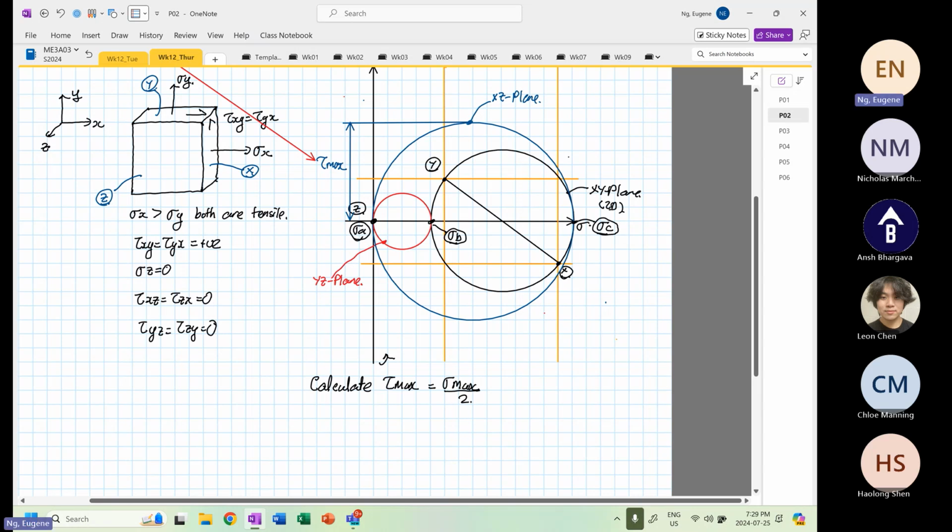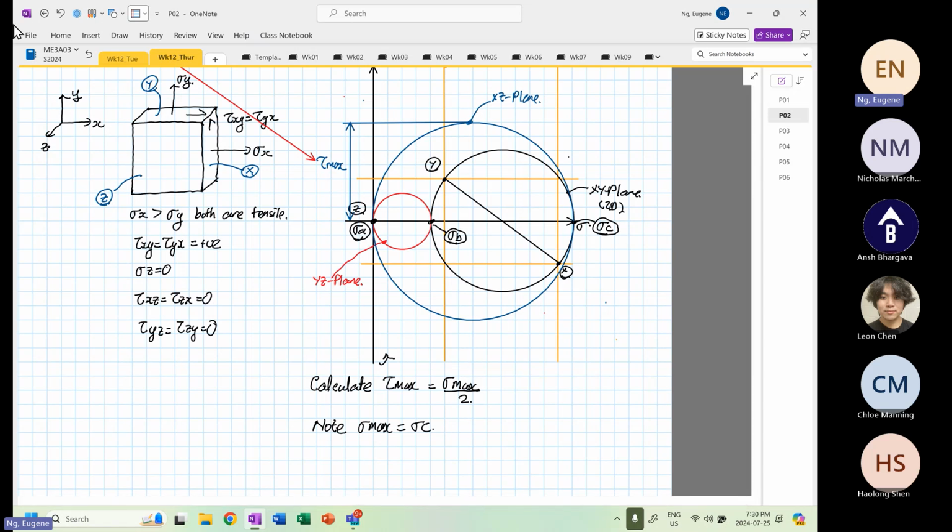So by referring to this 3D Mohr circle, note what's interesting is stress max is equal to stress C. And to determine stress C, now we want to find stress C. Okay, how do we find stress C?